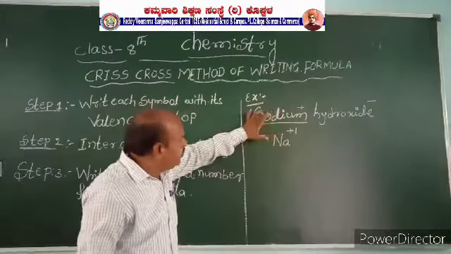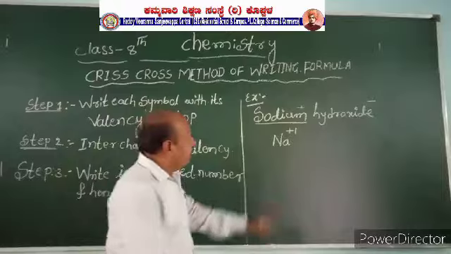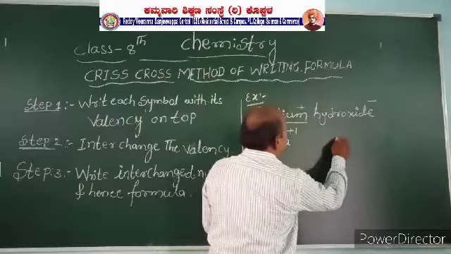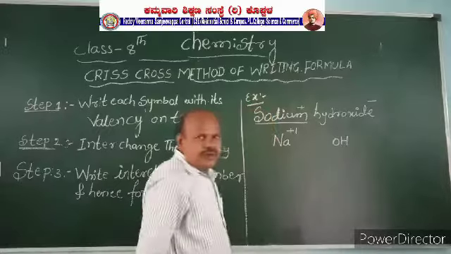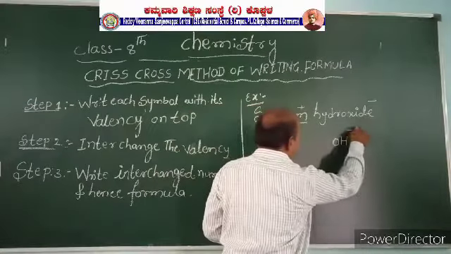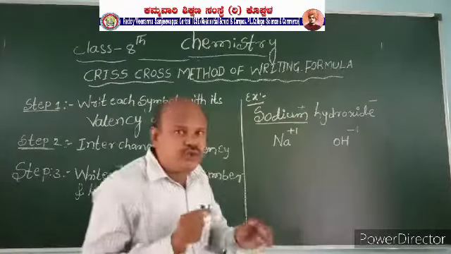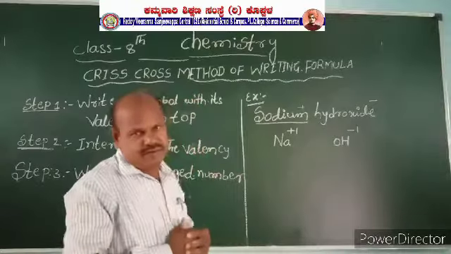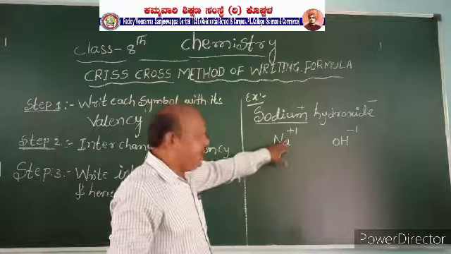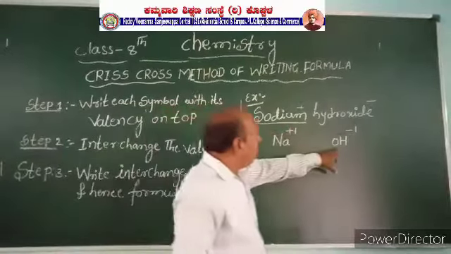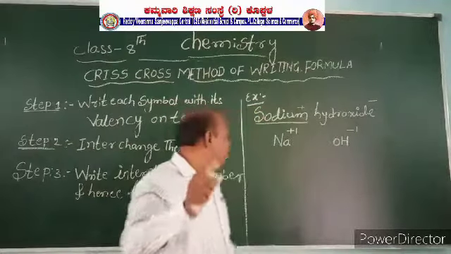That is the positive radical Na plus 1. The symbol of hydroxide is OH, the valency is minus 1. With the help of that chart, you see I am writing. First step is completed. Na plus 1, monovalency; both are valency 1.